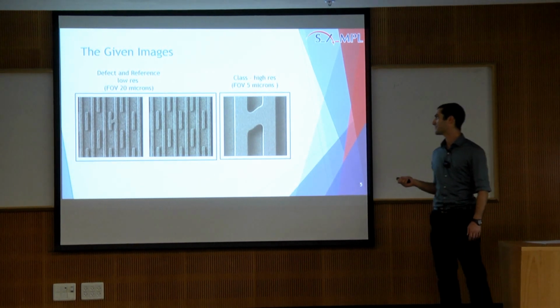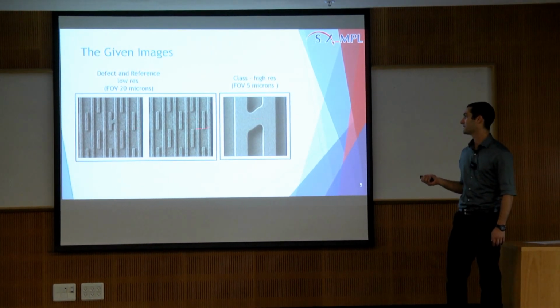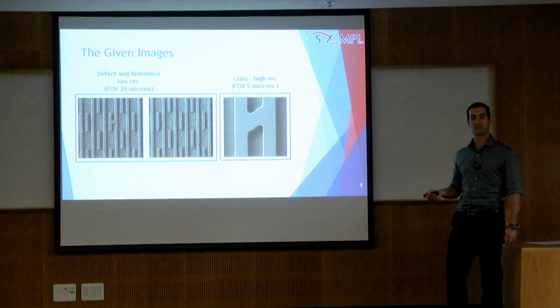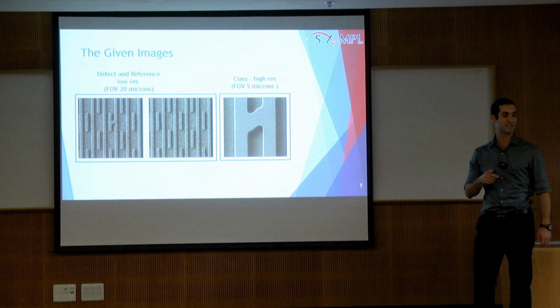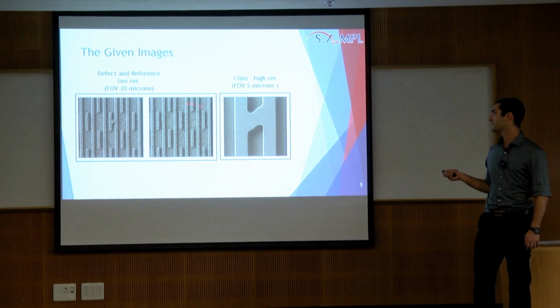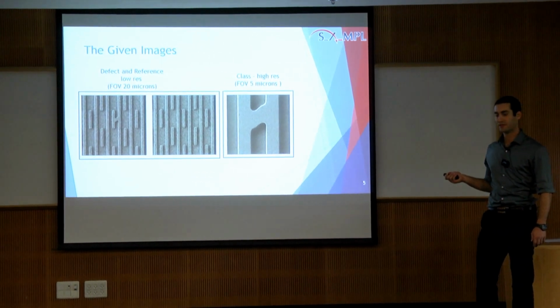Those are the given images: the defect, reference, and class. Meaning we got the defect, we do invest money because we want to explore the defect, but we don't want to invest more money in scanning the valid part of the chip.